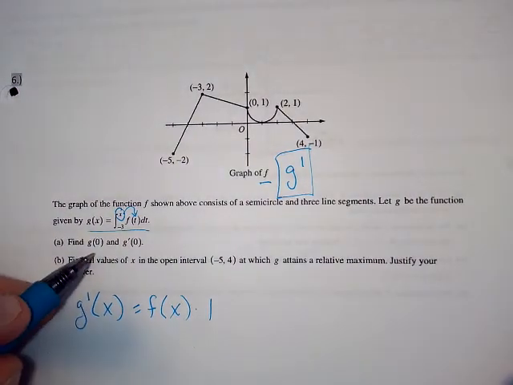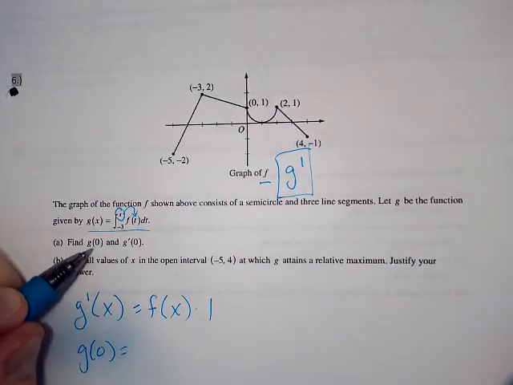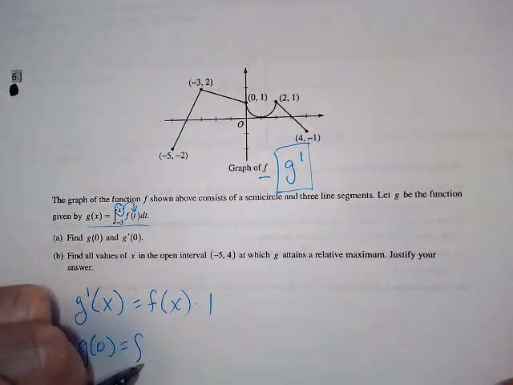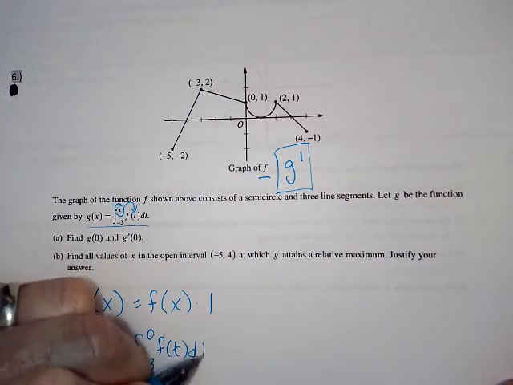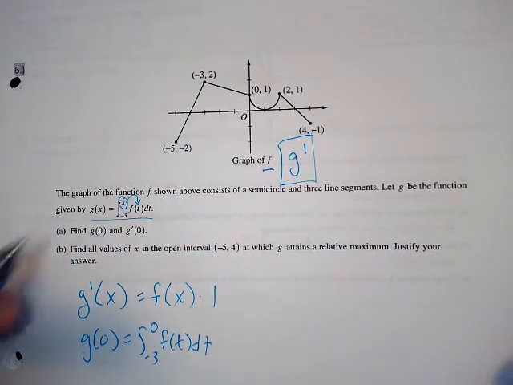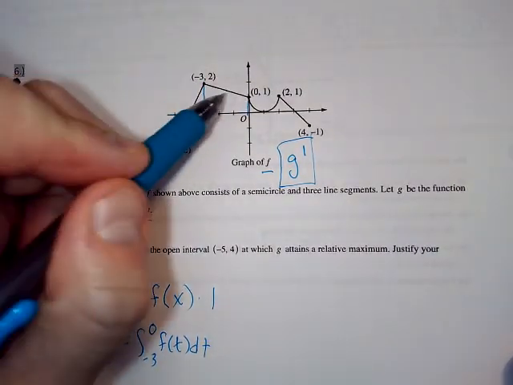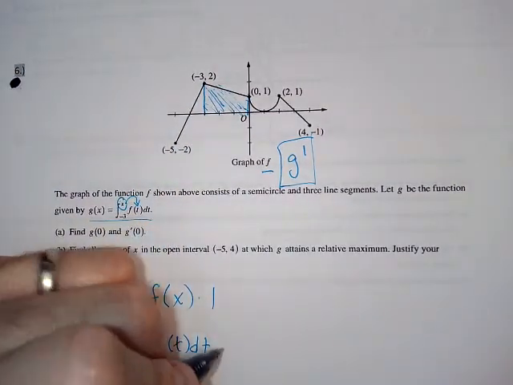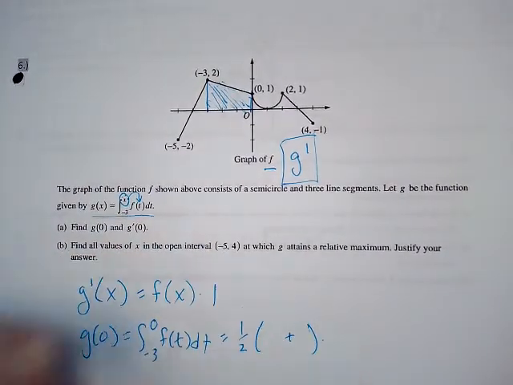Now it says find g of 0. Well, g of x is defined as the integral from -3 to x, so that would be the integral from -3 to 0 of f of t dt. That means the area under the curve from -3 to 0. It looks like we have this shape here, which is actually just a trapezoid. So we take 1/2 times base 1 plus base 2 times the height.